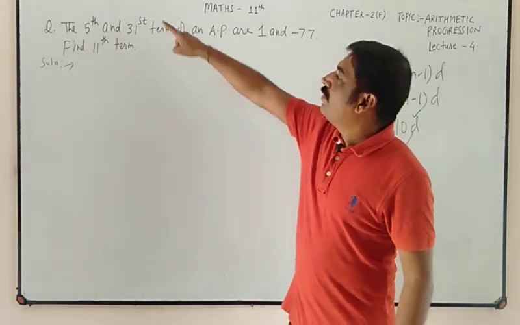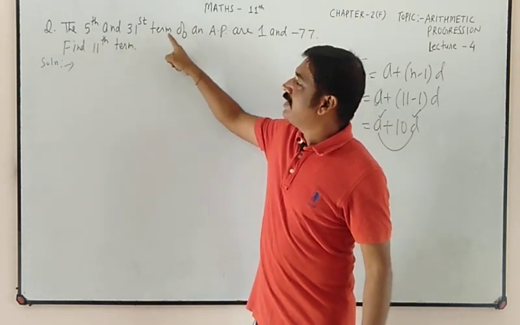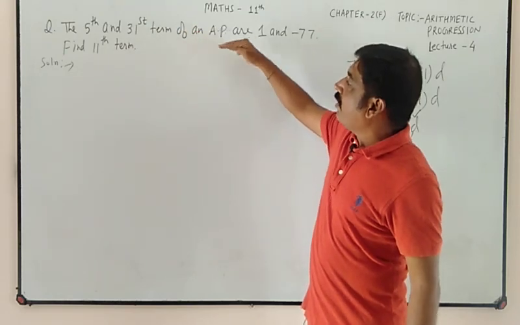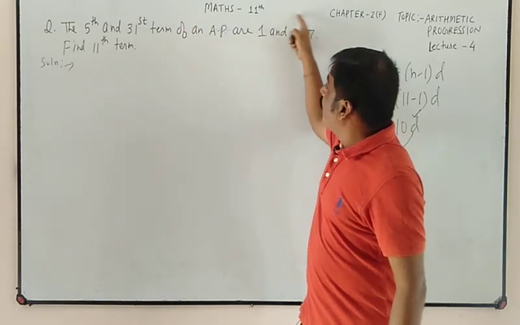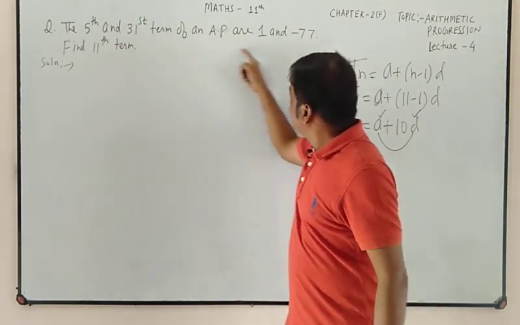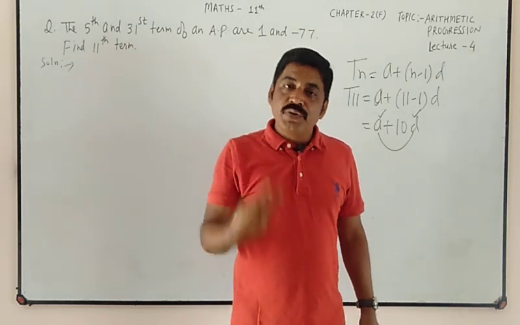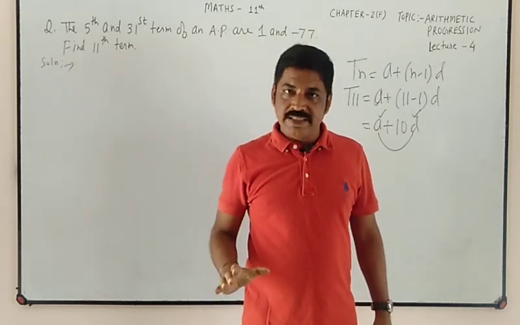For this we have given the condition, fifth and 31st term, right? So fifth term and 31st term of an AP are 1 and -77. So with the help of this condition we can easily get two equations in the form of a and d.